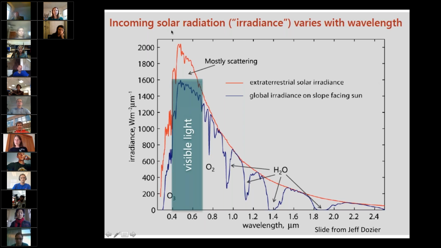So we know how much there is just from the sun in extraterrestrial solar radiation. And then we know how some of that gets scattered away by the atmosphere. So you see a lot of that's scattered in visible light. You also see there are bands where water droplets or oxygen absorb a lot of the radiance in certain wavelengths that just doesn't make it to the surface. But then what's left is the blue line that would go hit our snow.